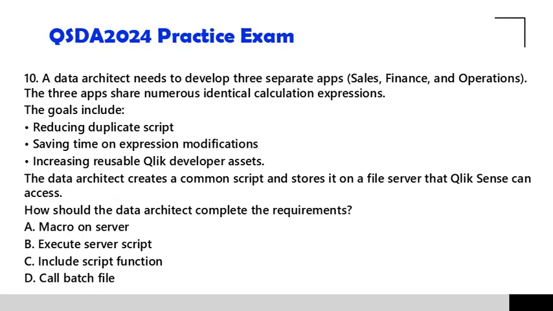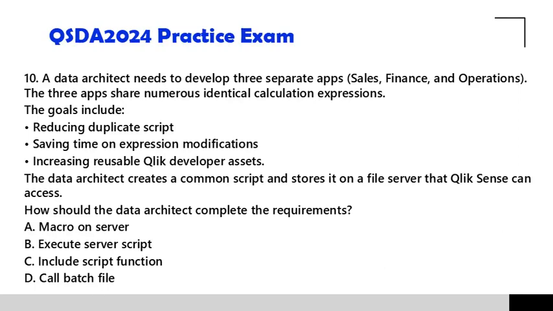10. A data architect needs to develop 3 separate apps: sales, finance, and operations. The 3 apps share numerous identical calculation expressions. The goals include reducing duplicate script, saving time on expression modifications, increasing reusable Qlik developer assets.